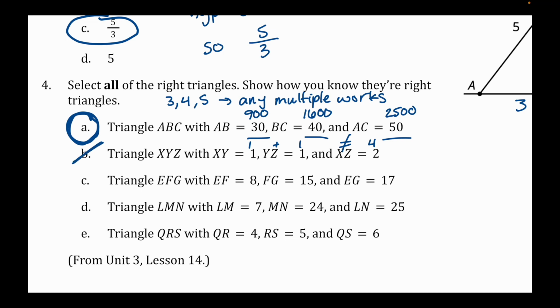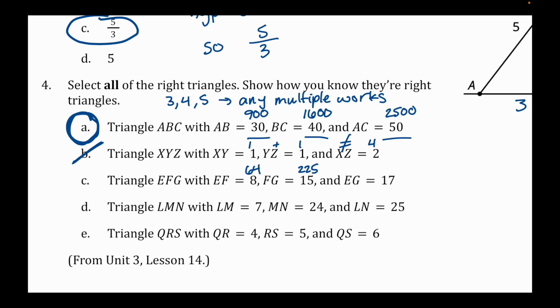If I have 8, 15, and 17, this one is actually going to work. It seems a little odd, but the numbers here, they work. So 8 squared gives us 64. 15 squared is 225.